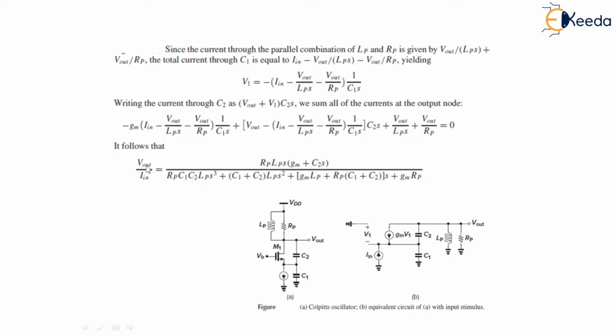It follows that V out by I in is equal to RP LPS (Gm plus C2S) upon RP C1 C2 LPS cube plus (C1 plus C2) in brackets LPS square plus (Gm RP plus RP (C1 plus C2)) S plus Gm RP. So this is the gain of this particular circuit.